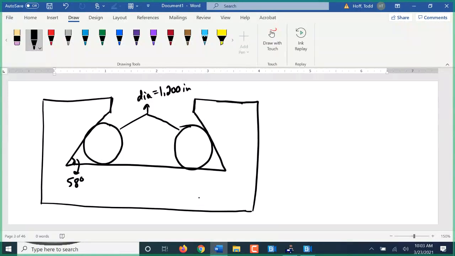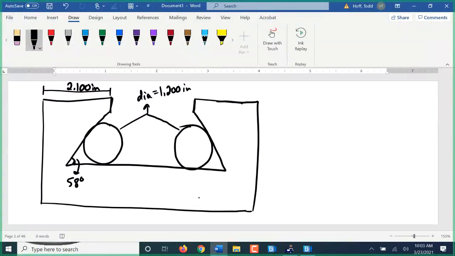Let's give us this dimension here is 2.1 inches. Just so that we have the significant digits, I'm going to do 2.100 inches.